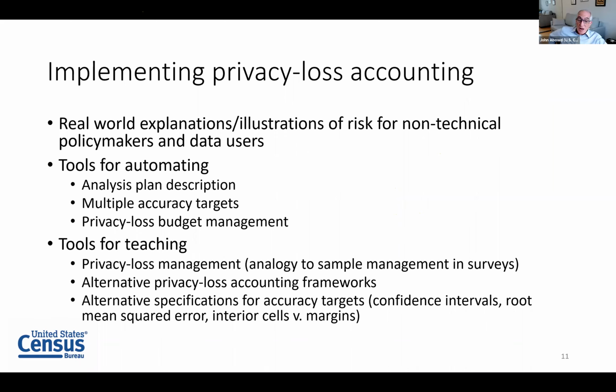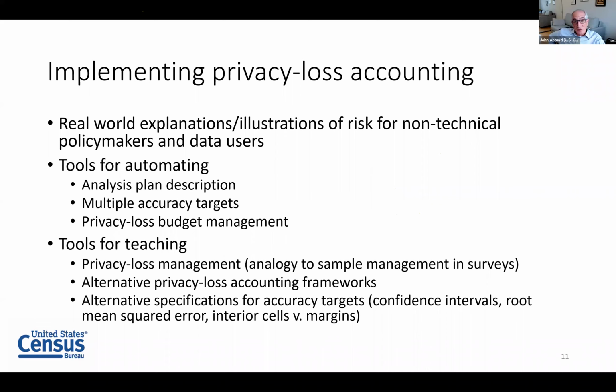We need tools for automating this, and that means tools for how to take a data publication plan, an analysis plan, and translate that description into the required differentially private measurements, or noisy measurements, as we've been calling them at the Census Bureau. Associated with each measurement or each workload measurement, there have to be accuracy targets.